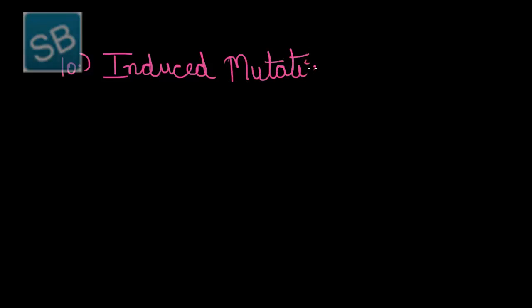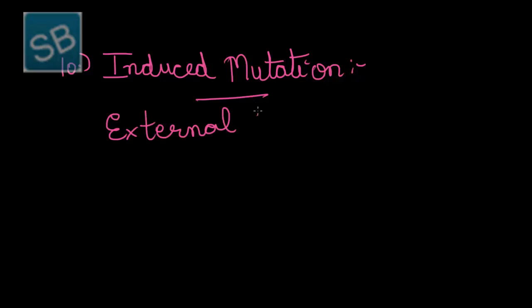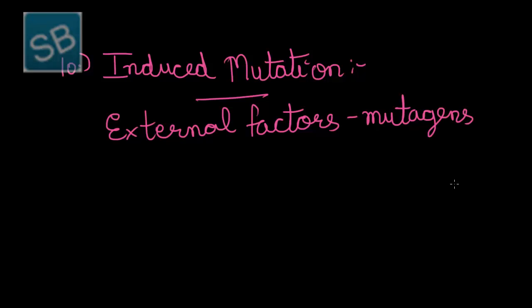Following it comes another type of mutation, induced mutation. Such a type of mutation generally occurs due to external factors, which are called mutagens. That is, these external factors that result in induced mutation are called mutagens.